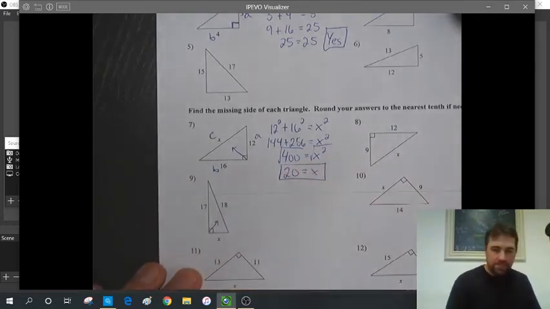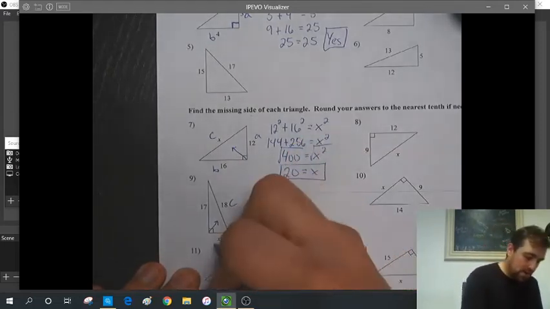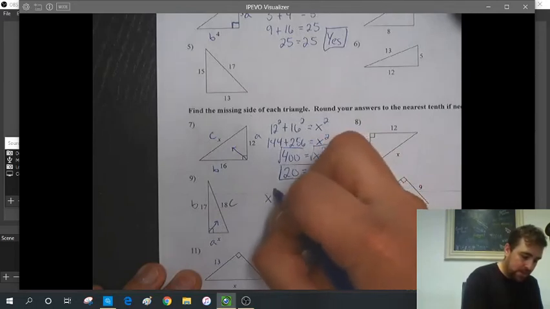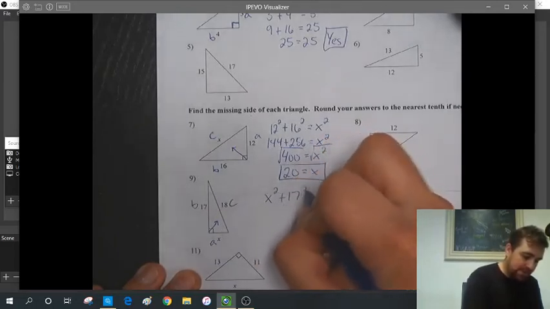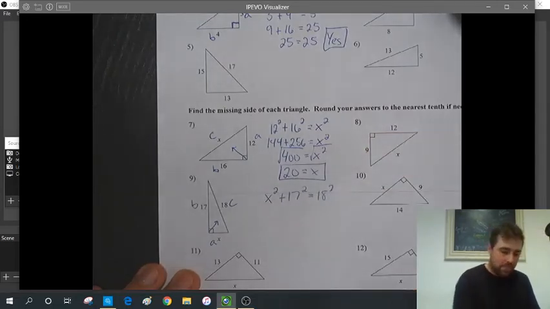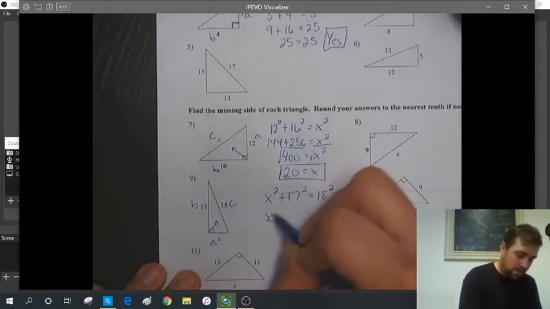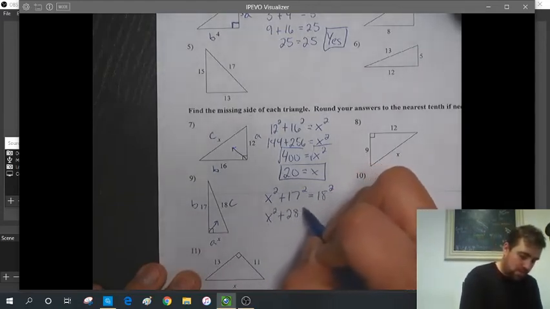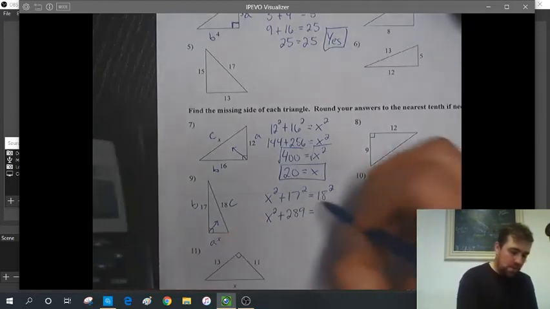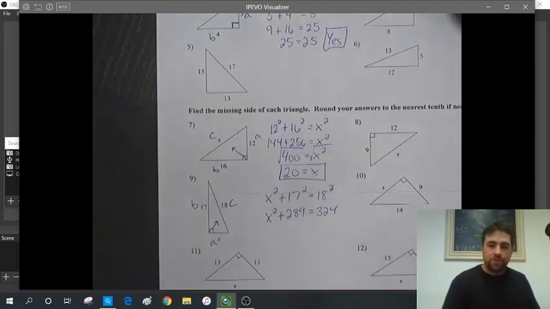In number 9, this time we're given a length for C, our hypotenuse. It looks like we're missing the shorter of the two legs, so A is our unknown, and so we would get x squared plus 17 squared equals 18 squared. It's 324.